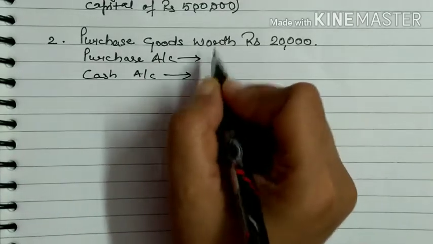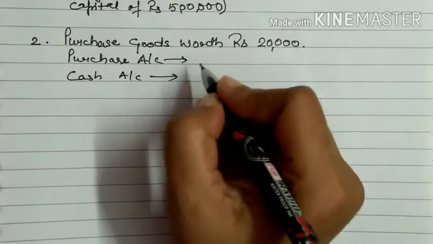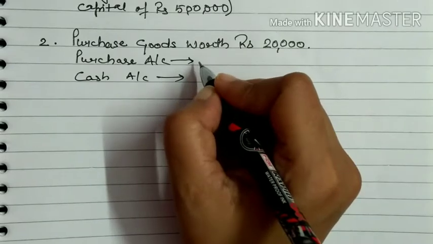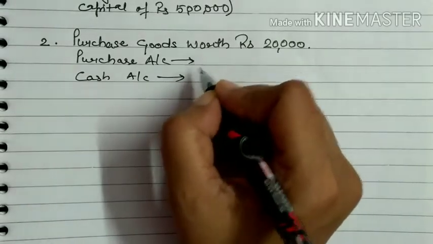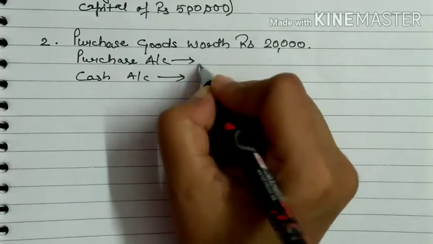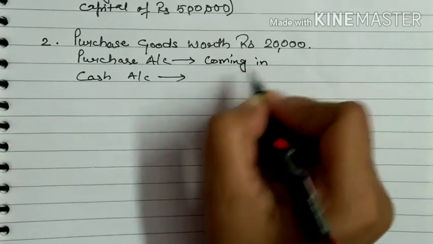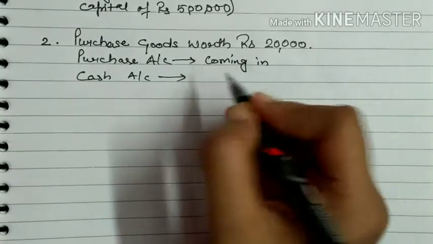Okay, both the accounts are real accounts, right? So according to real accounts the rule will be debit what comes in and credit what goes out. So purchase goods, this is coming in, and cash, since we have paid the purchase in cash, means it is going out of the business.